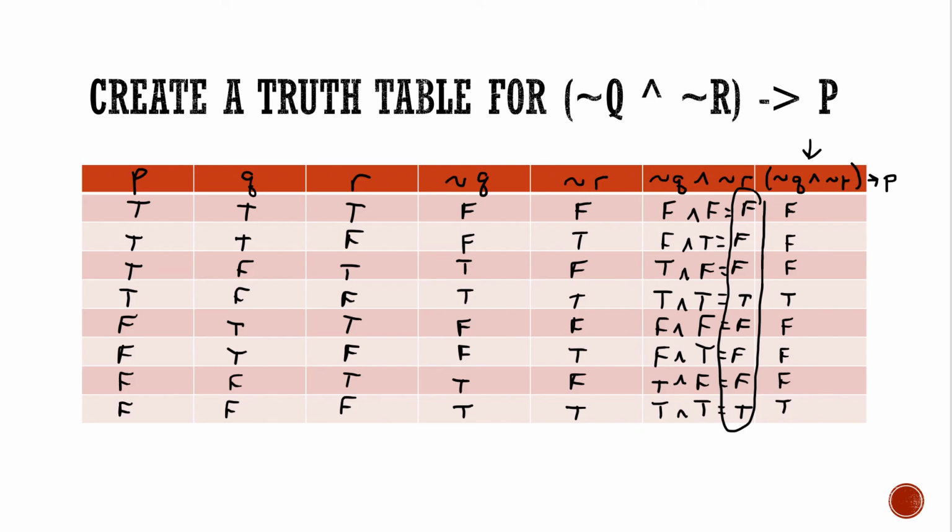Then I'm going to put my arrow. And then I need to copy the P column.